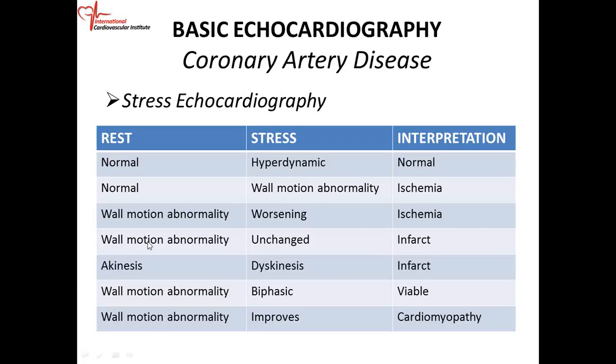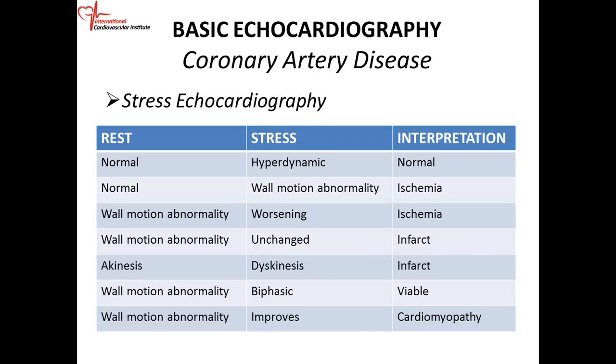So it looks abnormal at rest. When you exercise the patient, it looks the same because dead muscle is not going to move, not going to thicken. Dead muscle doesn't thicken, so that's an infarction. Or if it's akinetic, so it's not thickening at all, you exercise the patient and it becomes dyskinetic, okay? Then it's also an infarcted muscle.